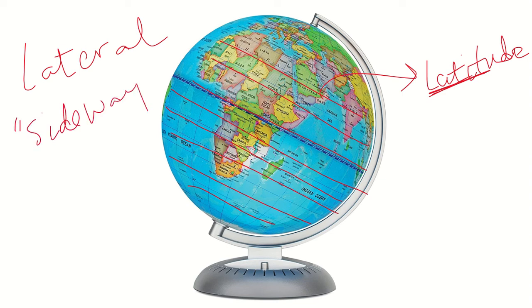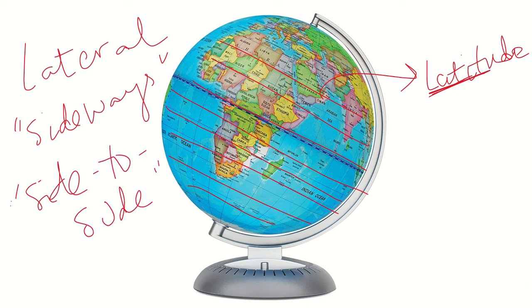We can say sideways, or left to right, or side to side. These are sort of hint words. My handwriting is terrible, but I hope you're understanding the gist of what I'm trying to say. I'm trying to give you code words. Think sideways. Think of the lines on a globe that go sideways, and think side to side.